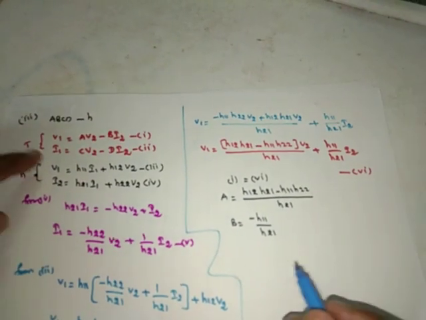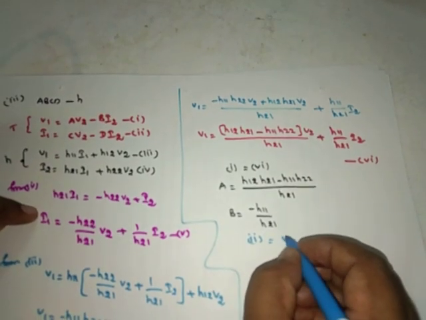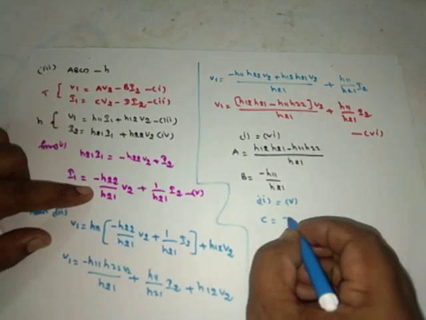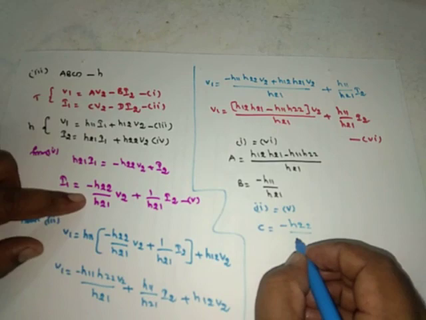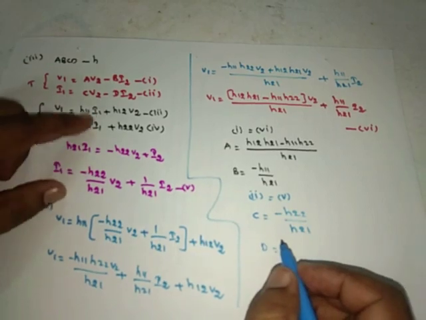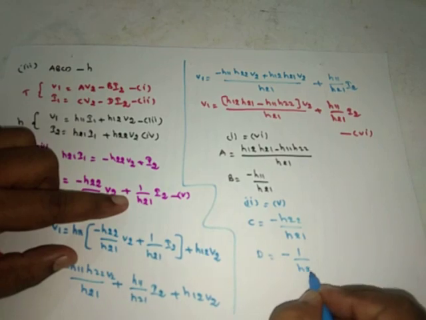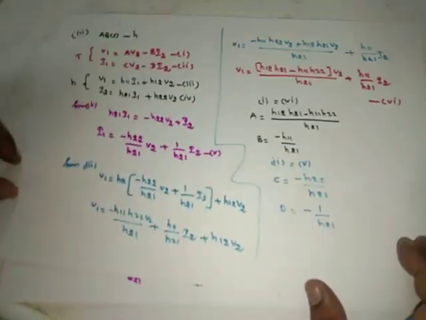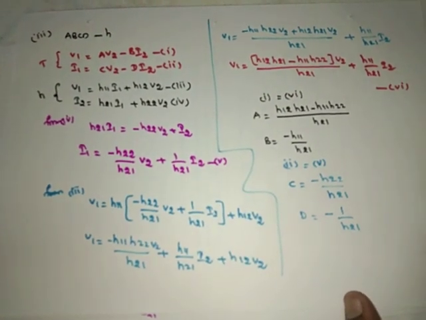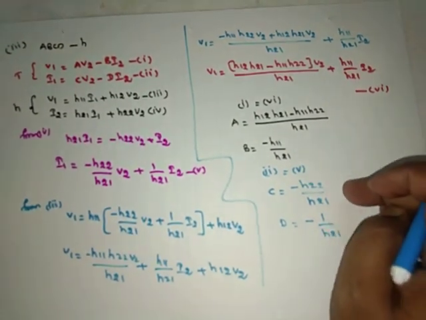Similarly, compare second is equal to 5. From that C is equal to minus h22 by h21 and D is equal to, should be minus D, minus 1 by h21. So like that we can convert ABCD parameters in the form of or expressed in terms of h parameters.